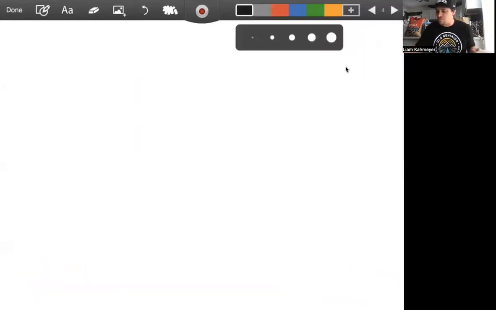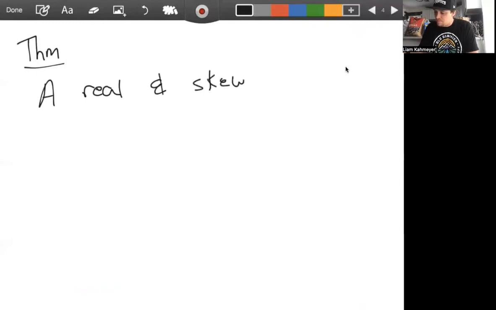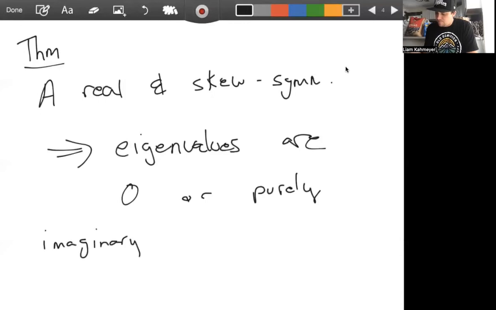We have a similar theorem for skew symmetric matrices. If A is real and skew symmetric, this implies that the eigenvalues are 0 or purely imaginary. I.e., if you have an eigenvalue lambda, then lambda is equal to 0 or lambda is an element of iR.